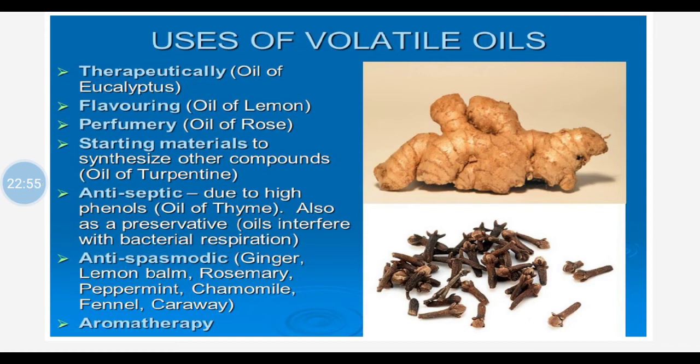So one is therapeutically. In therapeutics, it has an important role, for example, oil of eucalyptus. Then it is a very good flavor, isn't it? As a flavoring agent, these drugs can be used. This is a pharmaceutical importance.